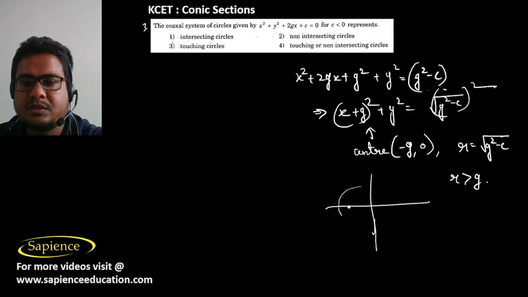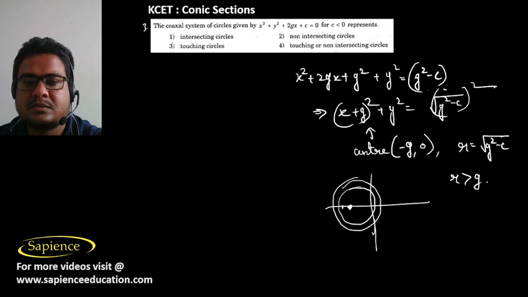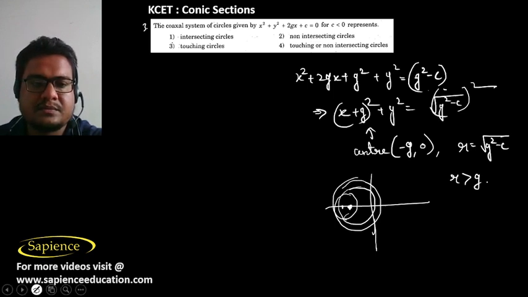So their center will change with g. If the center changes, the circle will change, and will be like this. So they can be intersecting circles also, or actually non-intersecting.